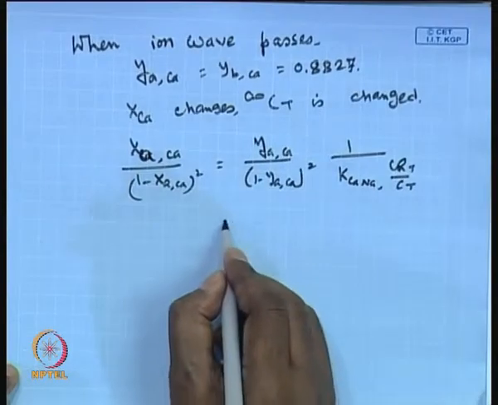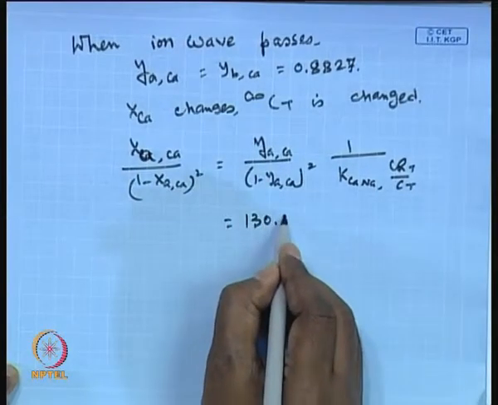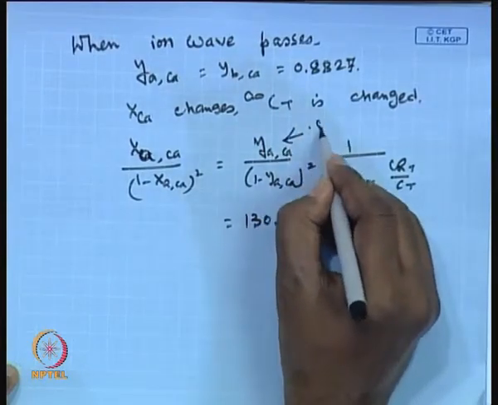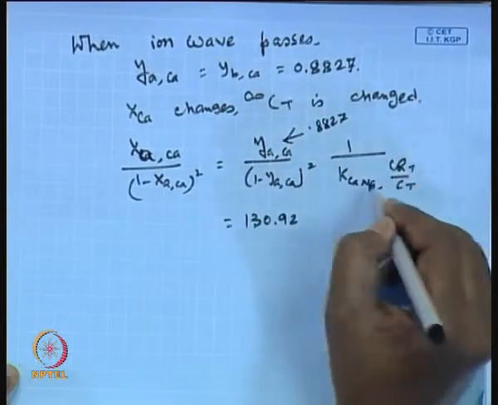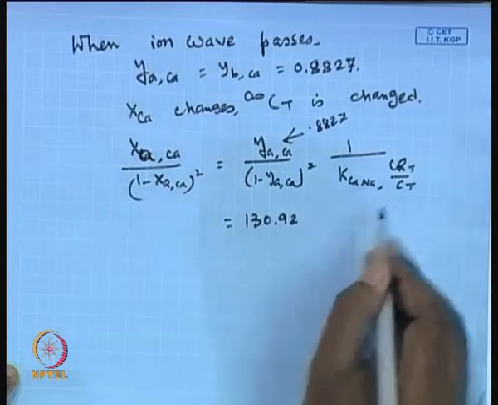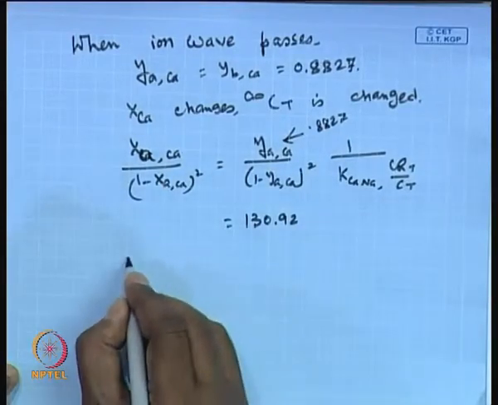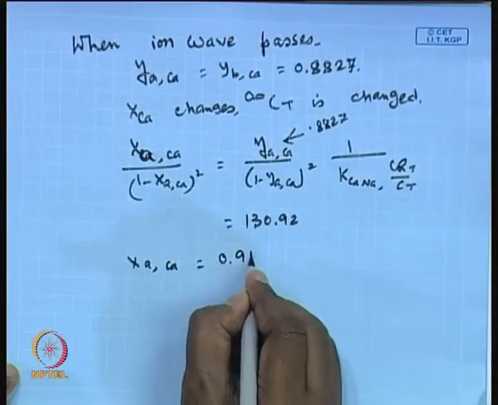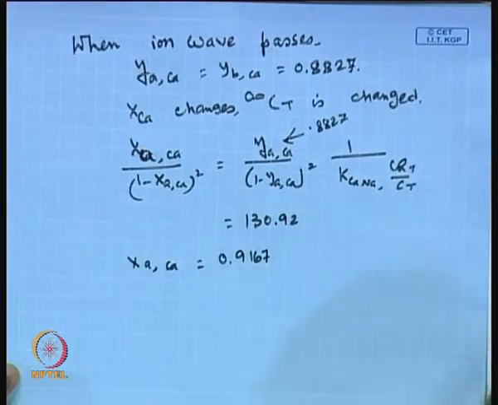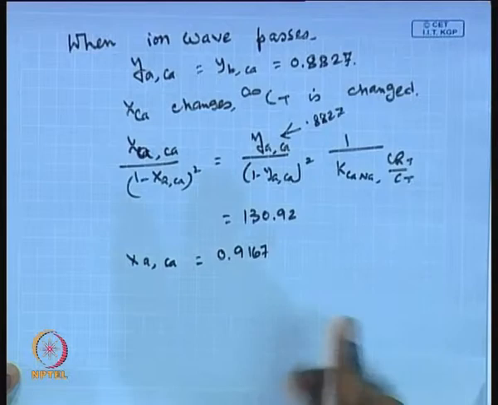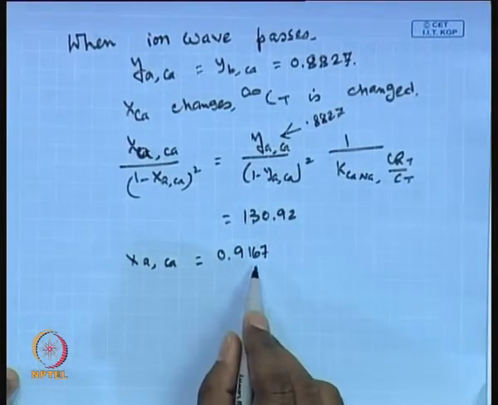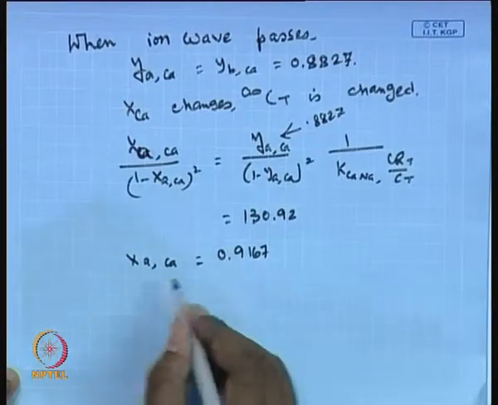Now, if you put all the values, this turns out to be 130.92. You put 0.8827, and these values we have already computed. Okay. So, XaCa becomes 0.9167. That means the liquid stream coming out of the column will be rich in calcium, and the mole fraction of calcium will be 91%.